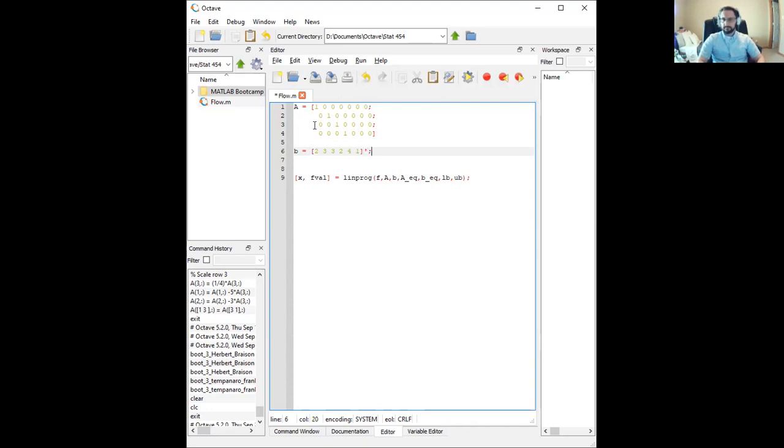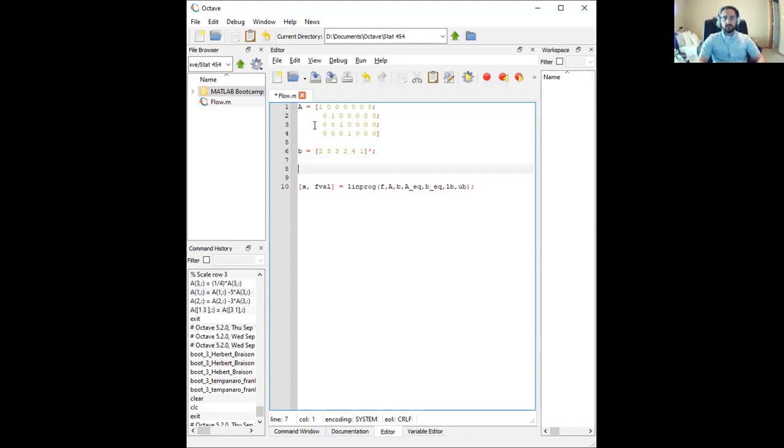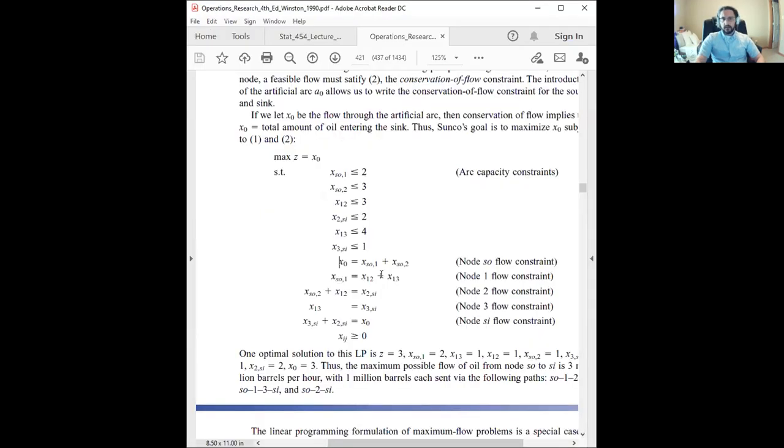Like that. Now, here's the tip I want to make for the A equality and the B equality. In the previous page, take a look at the form of these equality constraints. It looks like they don't have a right-hand side. So what you should do is actually subtract values over to the opposite side.